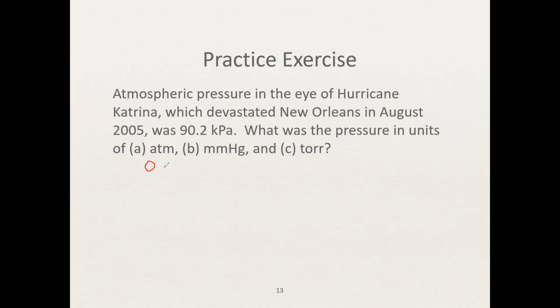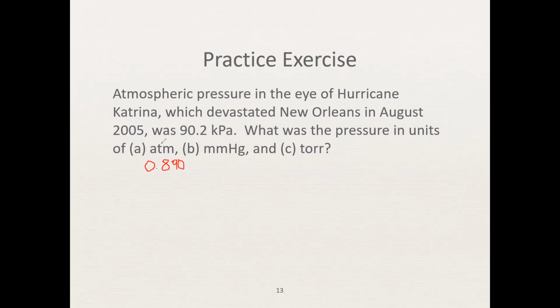So 1 atmosphere is going to be equal to 101.325 kilopascals. So if we had 90.2 kilopascals, we should have just a little under 0.9. So when you do the conversion to atmospheres, what we're going to see is 0.890 atmospheres.